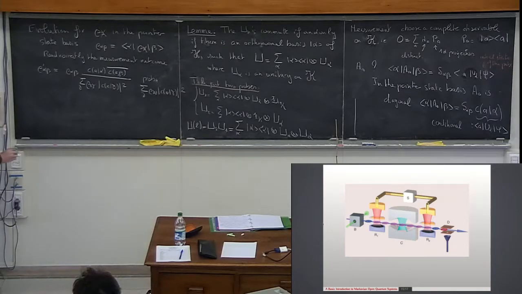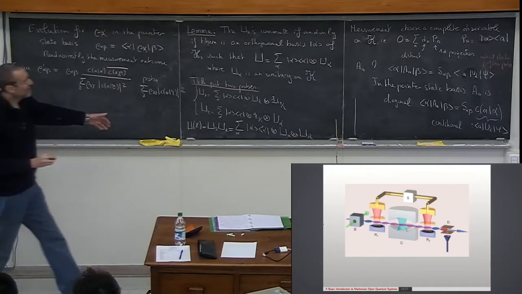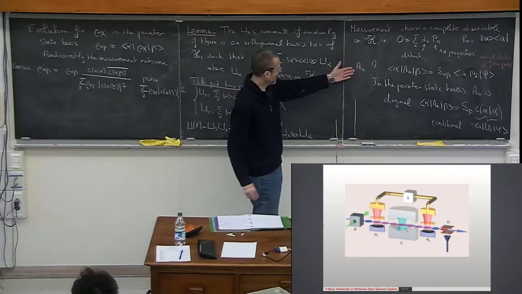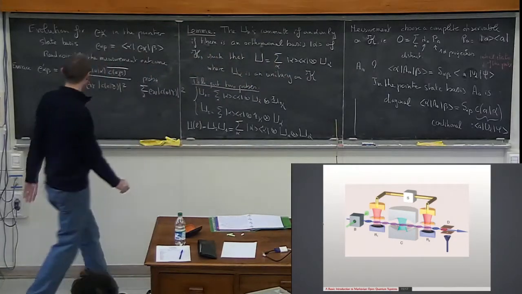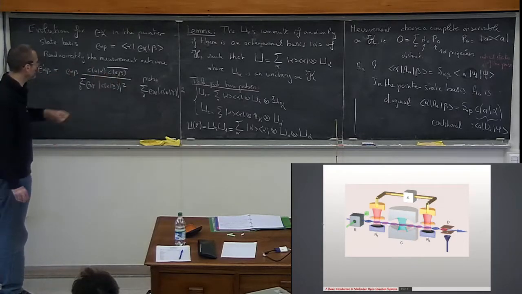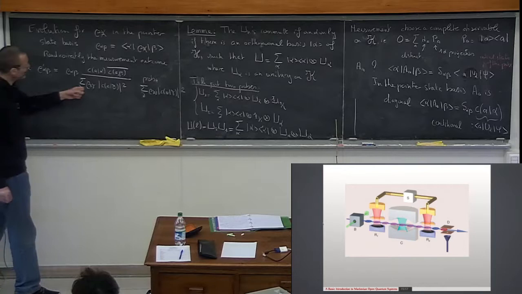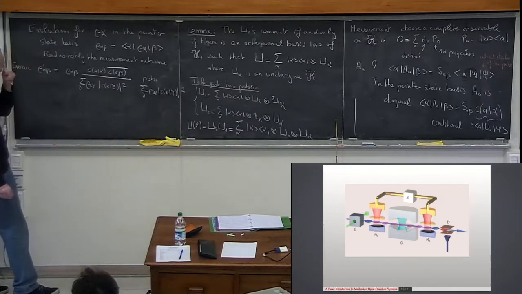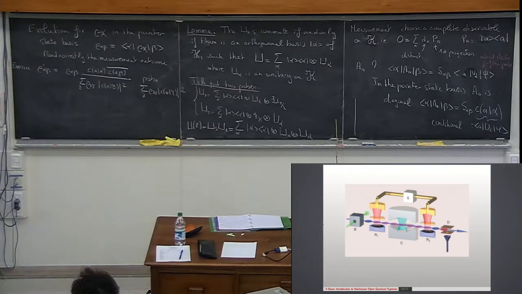This is just an exercise for you. If this is not obvious for you, you just take the general formulae that I gave, you take this precise value for the operators A, and this is what you get. So you see, this is quite remarkable. Apart from the denominator, rho prime alpha beta is just proportional to rho alpha beta with a little coefficient. And this little coefficient is just there to ensure the normalization that trace of rho remains equal to 1, in fact.